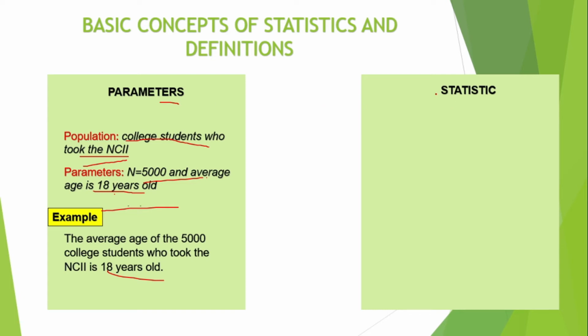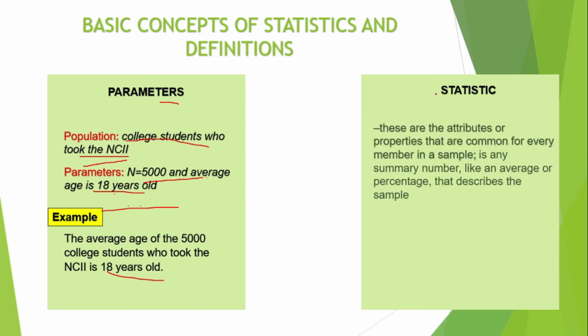How about the statistics? Sabi ko kanina, statistics is nasa sample side. So these are the attributes or properties that are common for every member in a sample. So ito naman, in a population. So ito, in a sample. Any summary number like an average or percentage that describes the sample.